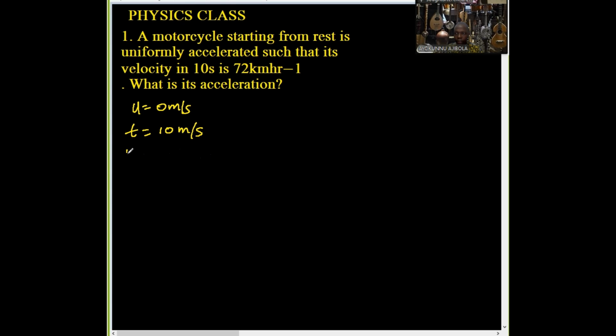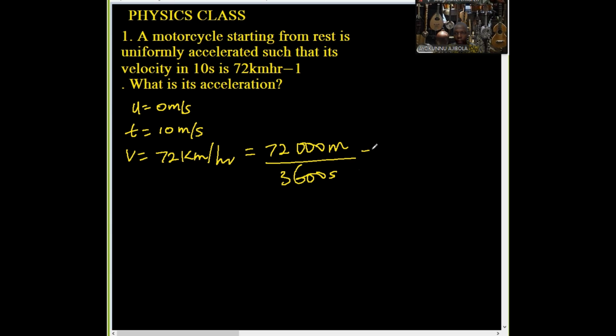Then the final velocity is 72 kilometer per hour, which you need to convert to meter per second. So to convert this to meter per second, that will be 72 kilometers, which is 72,000 meters, over 3,600 seconds.